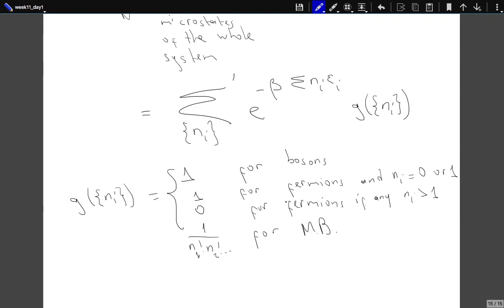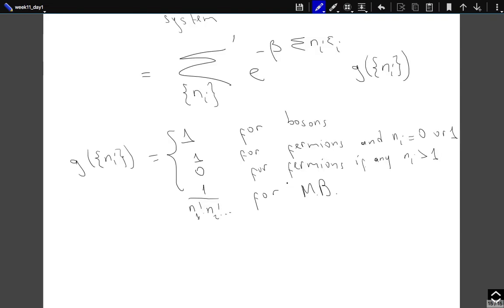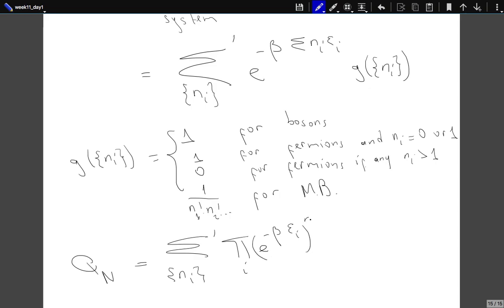Now the problem in here, for the fermions and bosons, is that we have this Q_N, the sum over n_i prime of the product over i of e to the power minus beta epsilon_i to the power n_i, keeping in mind that the prime now means that the sum of the n_i's should be capital N, the total number of particles.